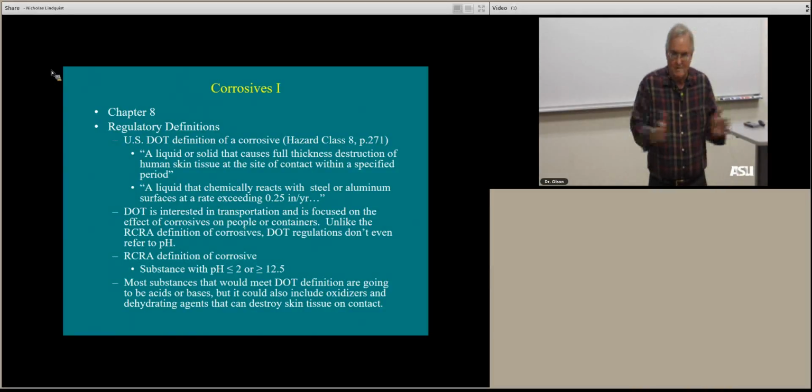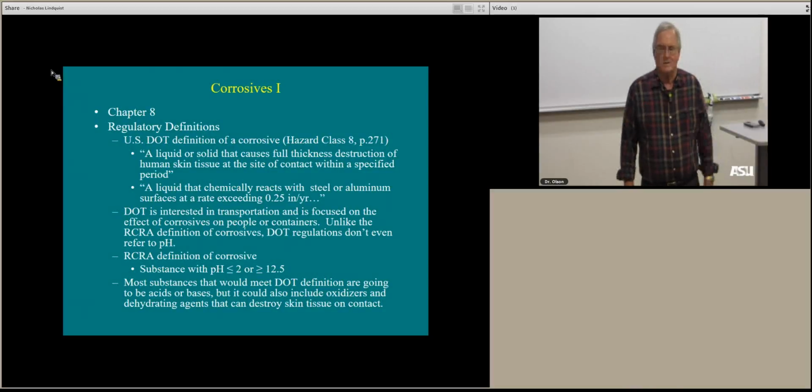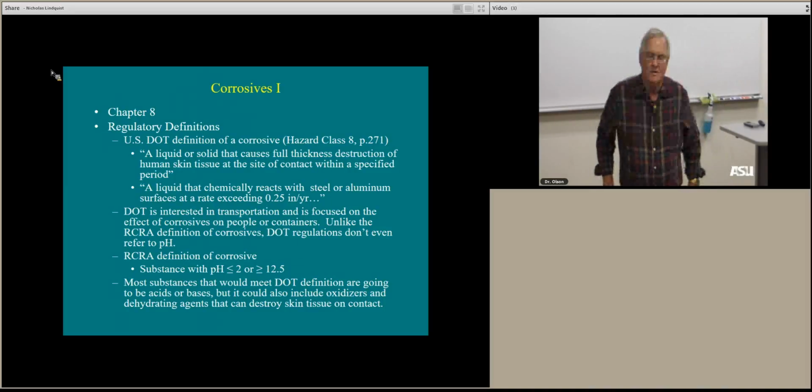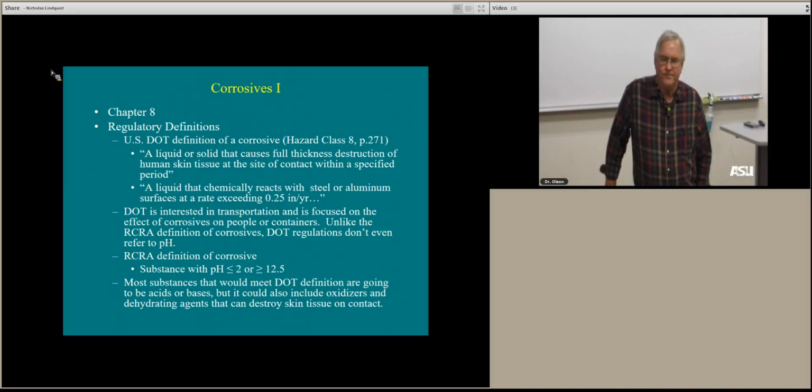If it's in the middle, if it's between 2 and 12.5, then it doesn't meet RCRA's definition of a hazardous waste, which is probably fortunate because if you were to test the pH of a can of Coke, what do you think it would turn out to be? 3 or slightly lower? Yeah, maybe 4, somewhere in that neighborhood. And why would it be acidic? Why would a can of Coke be acidic?